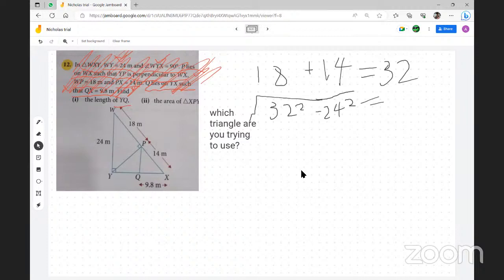Go and calculate that, because I think part 2 will need something else. XPY. Oh God, it's an ugly number. Okay, fine.